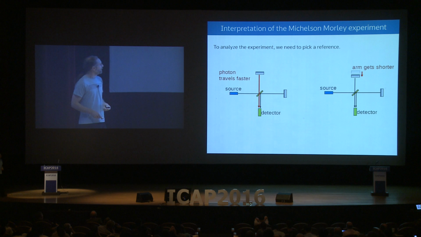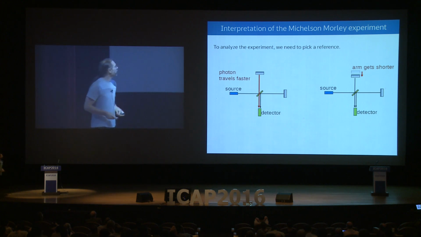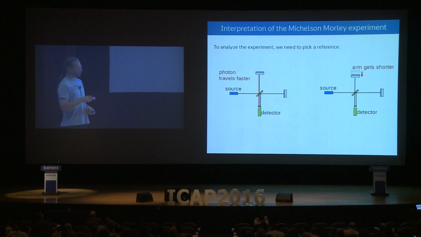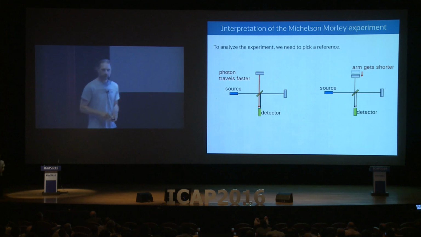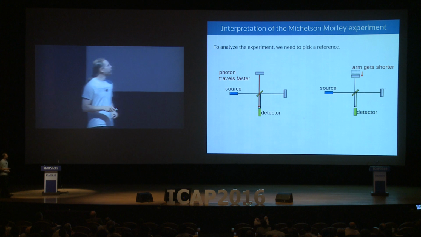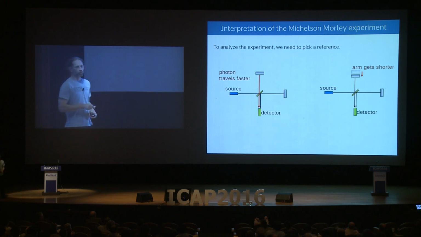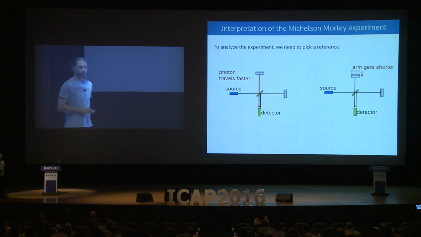So let's revisit the Michelson-Morley experiment. If somebody had seen something, the natural conclusion would have been, oh yeah, the photon maybe travels in the vertical direction faster than the horizontal direction. But there's a different solution. It could be that simply the arm got shorter in this direction. And there are reasons why this could be.